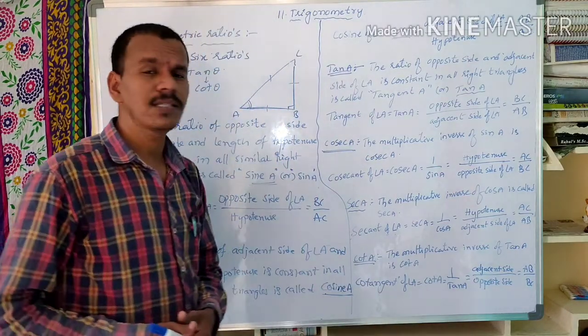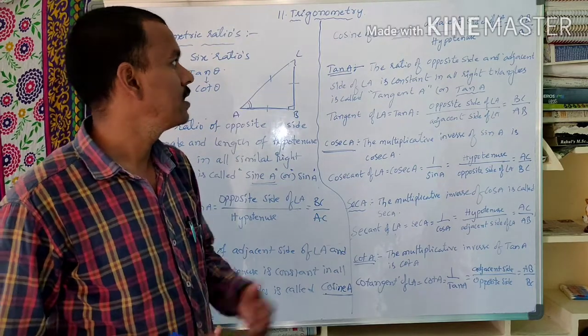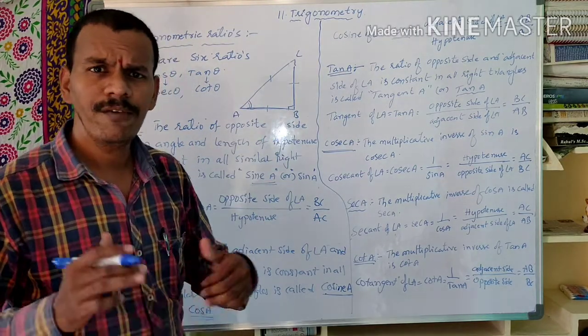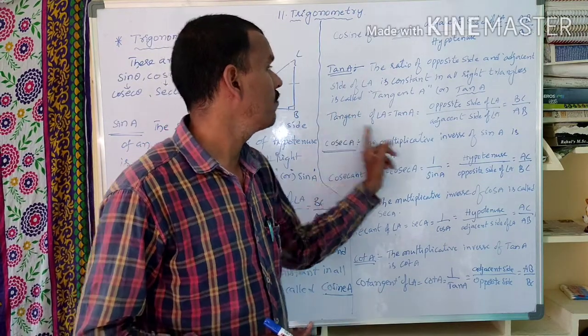These are the 6 trigonometric ratios. It is very, very important in trigonometric ratios. But there is no need to learn the definitions, we just have to learn the formulas.